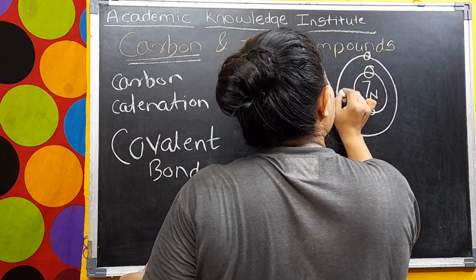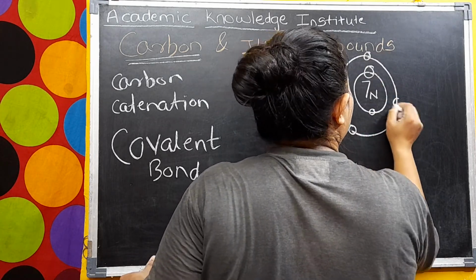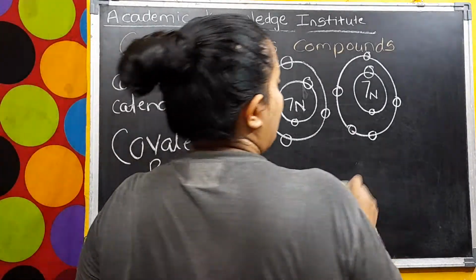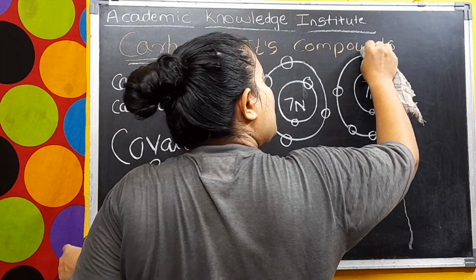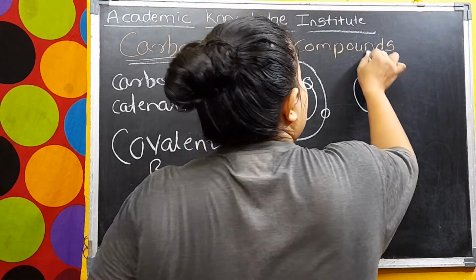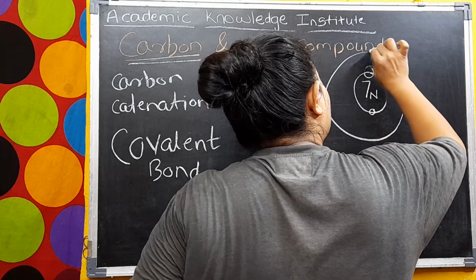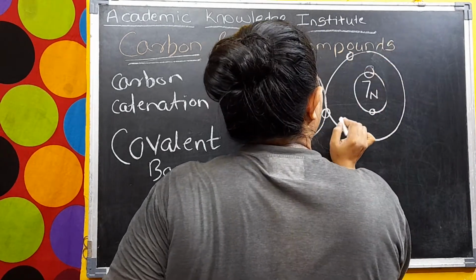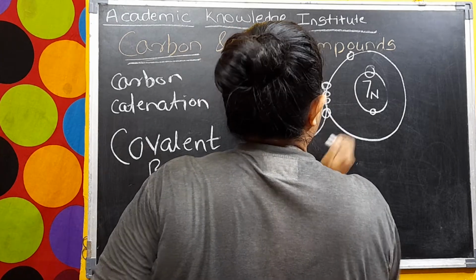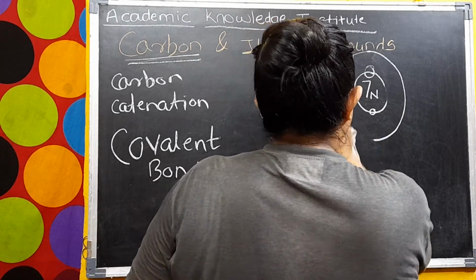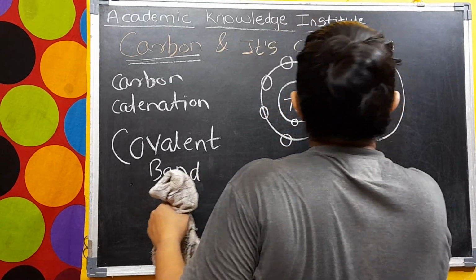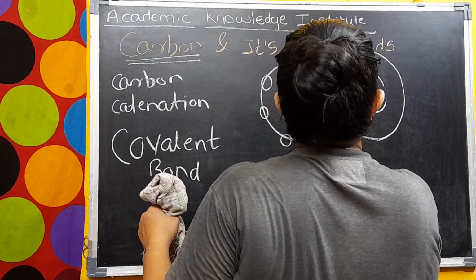So here they will have 5 electrons, right? Now they will share the 3 pairs of electrons. We will write the last shell like this, and here they will have 1, 2, 3, 4, then 4, 5 and 6.